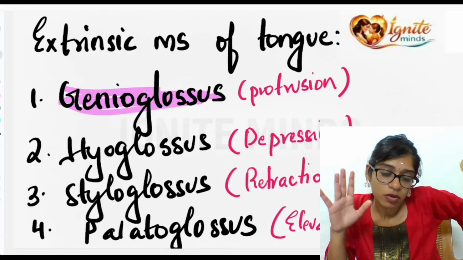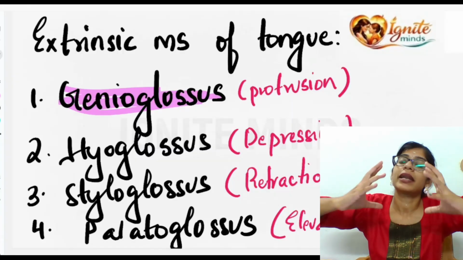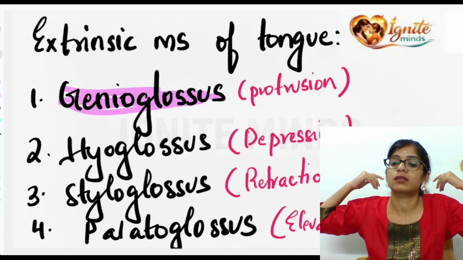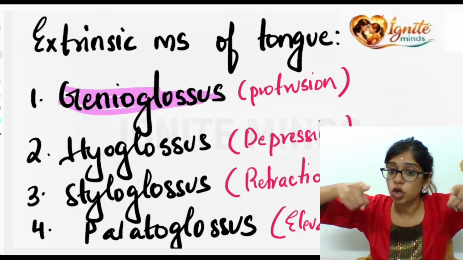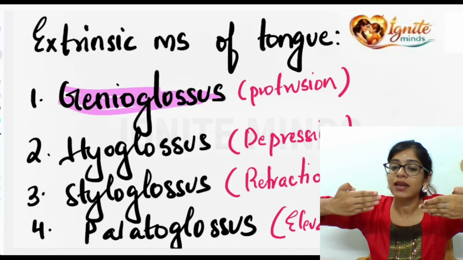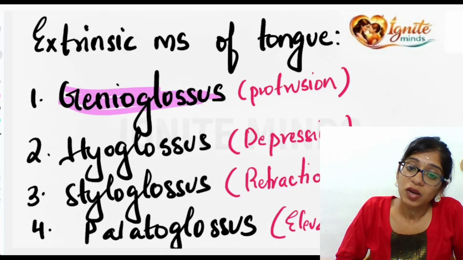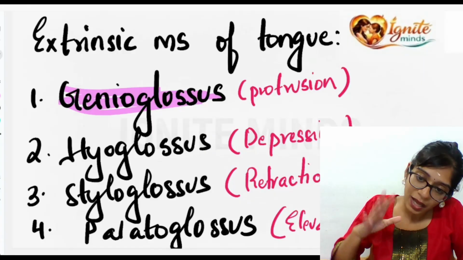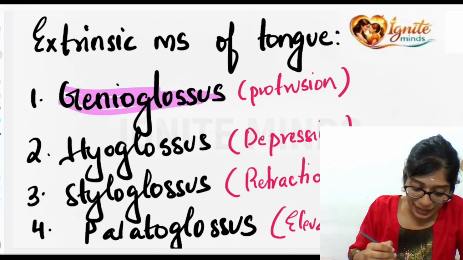At least remember genioglossus, it helps in protrusion of the tongue. It does not allow the tongue to fall back. During sleep, there is a chance that if genioglossus is not functioning well, the tongue can fall back into the oral cavity. What will happen then? I will tell you that. First let us see the 3D image of these muscles.